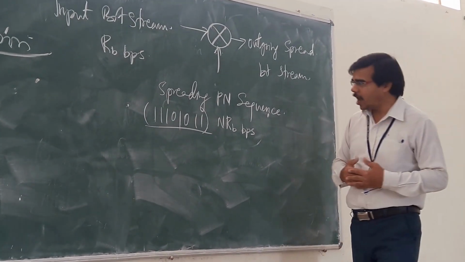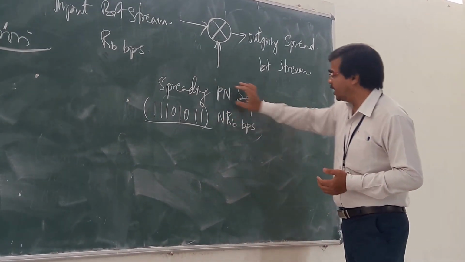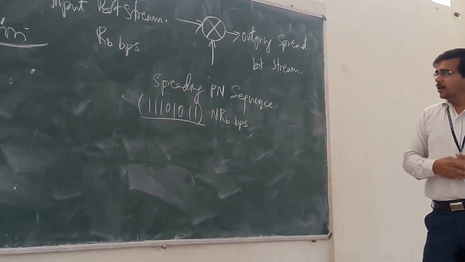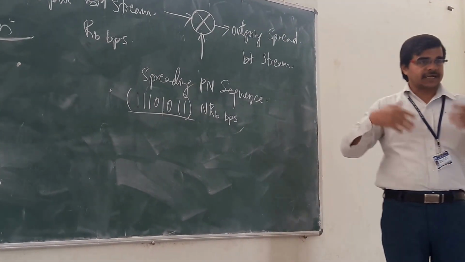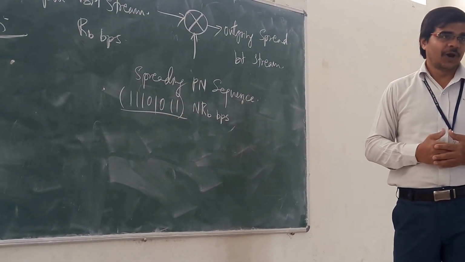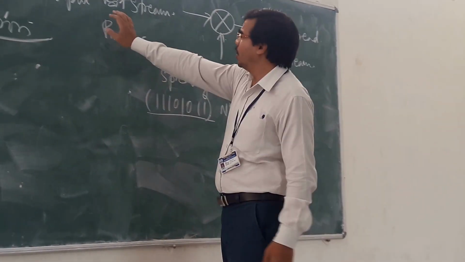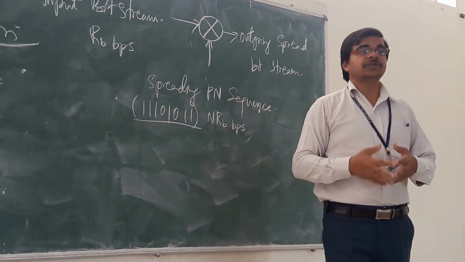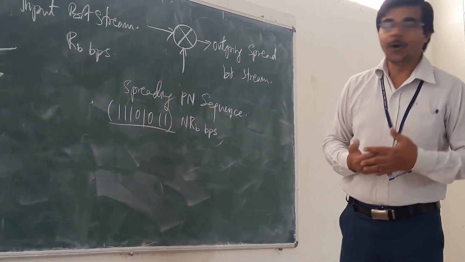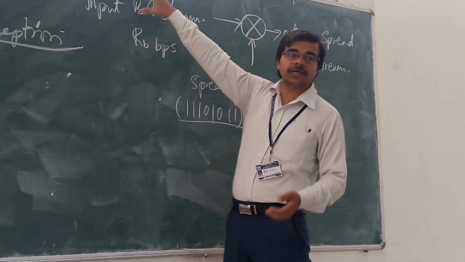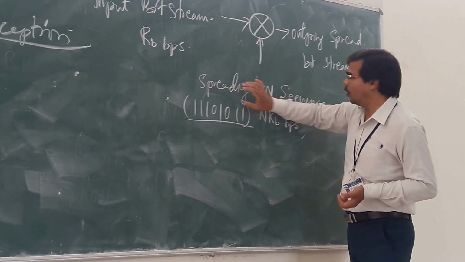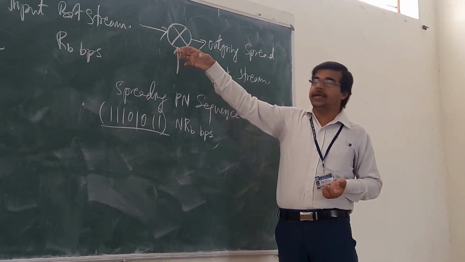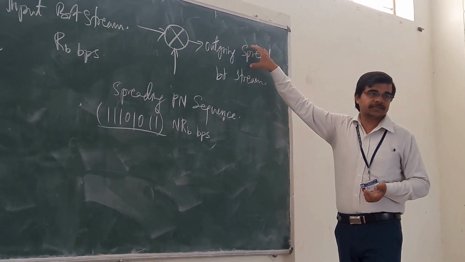Now let us see what the spreading PN sequence is. We can consider something from our side. Similarly, this is the main input bit stream, which is the information that we want to transmit. With the help of the spreading PN sequence, we modulate it and transmit something.